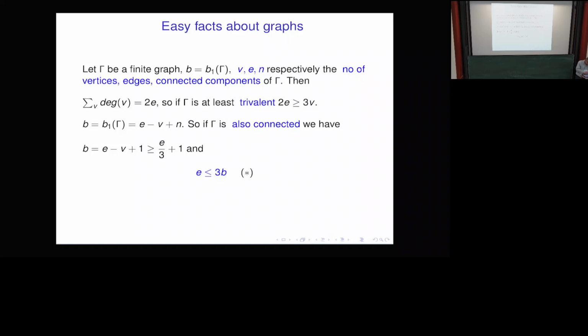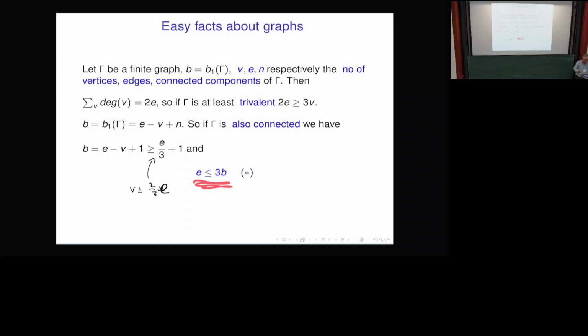What I use here is that V is less or equal to 2/3 E. So I get this inequality. I'm generous with my inequalities, I could have a minus 1 there, but E is less than 3B. So my point is that E and B are comparable, right?